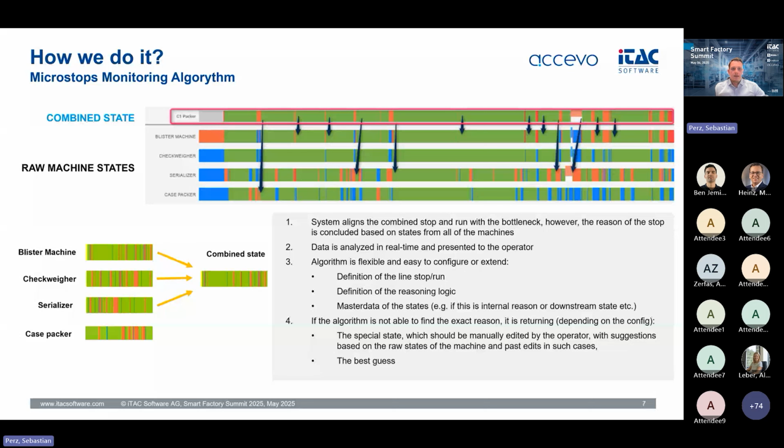That means a single machine on the line has microstops, and we have information for the line: does this microstop have an impact on the whole line or not? Then we can react very fast and check what's going on on our line.